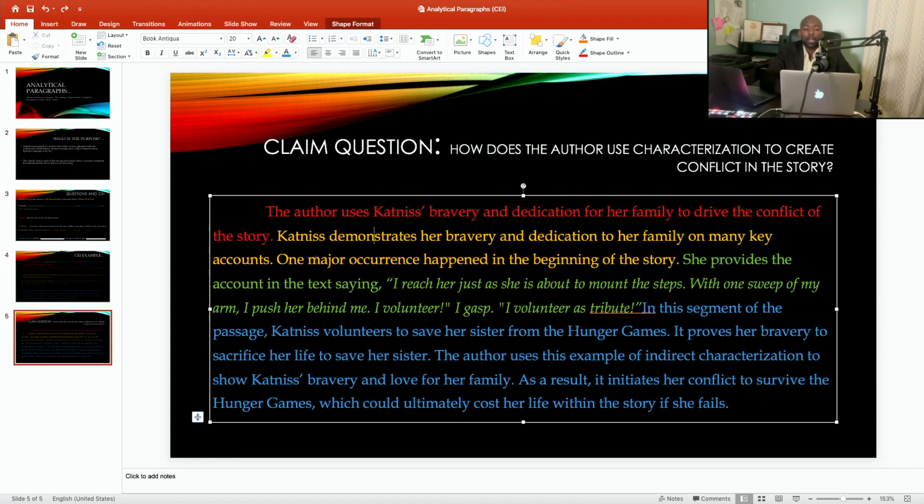I volunteer, I gasp. I volunteer as tribute. In this segment of the passage, Katniss volunteers to save her sister from the Hunger Games. It proves her bravery to sacrifice her life to save her sister. The author uses this example of indirect characterization to show Katniss's bravery and love for her family. As a result, it initiates her conflict to survive the Hunger Games, which could ultimately cost her life within the story if she fails.